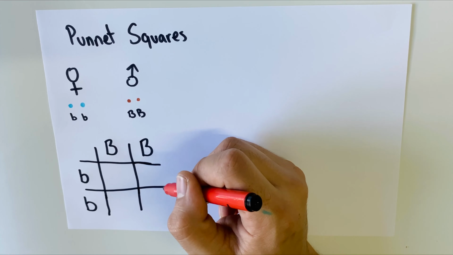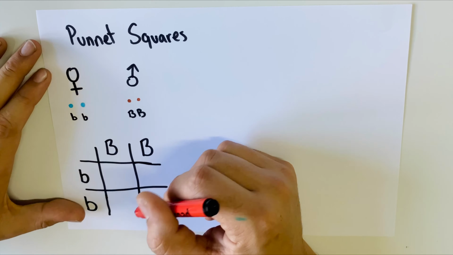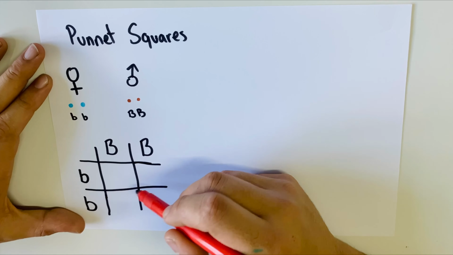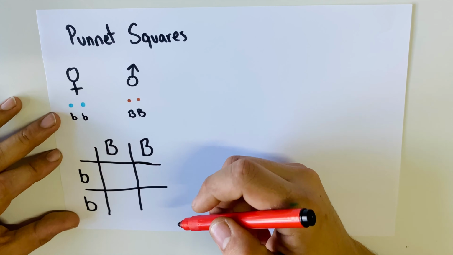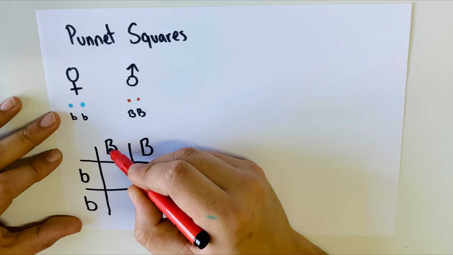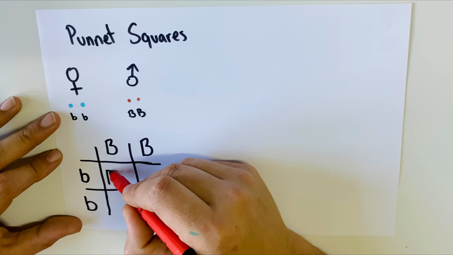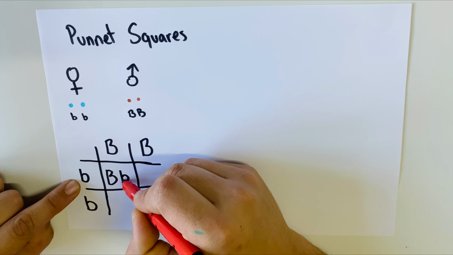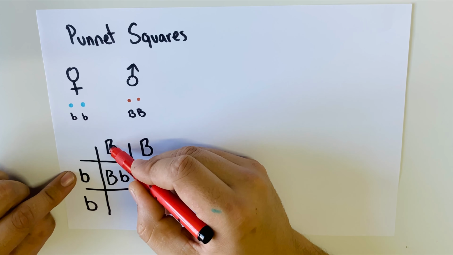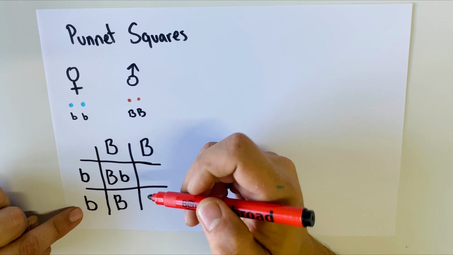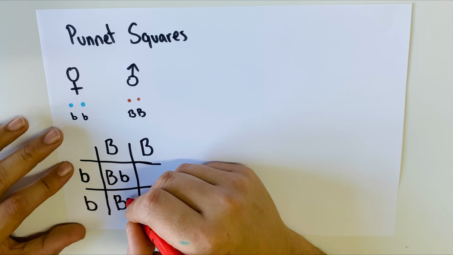For this pairing we can have 4 possible offspring, and we can predict that using this Punnet square. So for this offspring, it will be capital B from up top and little b from here. For this offspring, again, you bring down the top, capital B, and little b from this column.